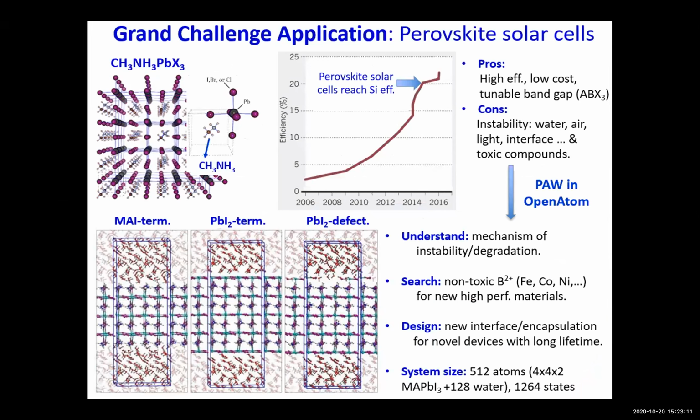So there are problems in manufacturing, which I don't think we can help with. But there are also problems with degradation with time and light, and degradation with water. And you'd like to play around with the structures and coatings to try and prevent that damage. And then it would be cheap and low cost.